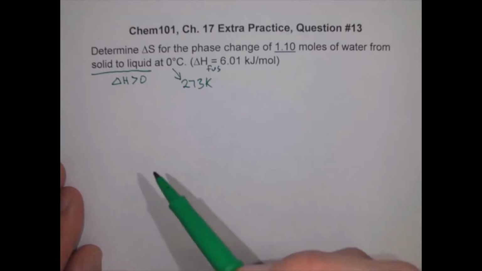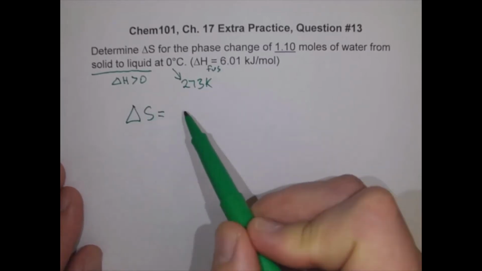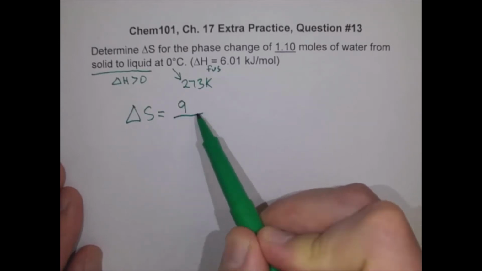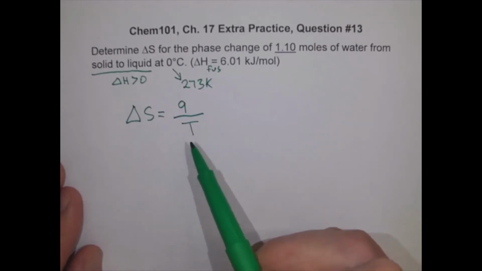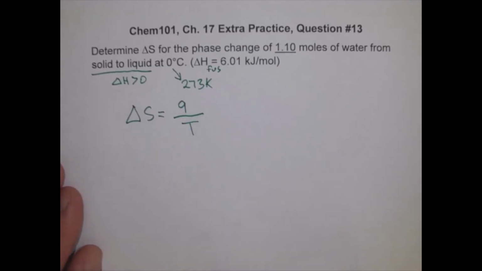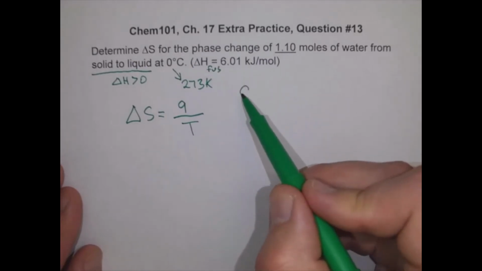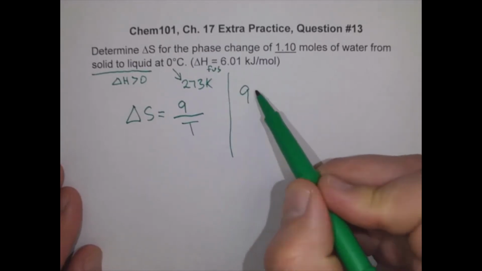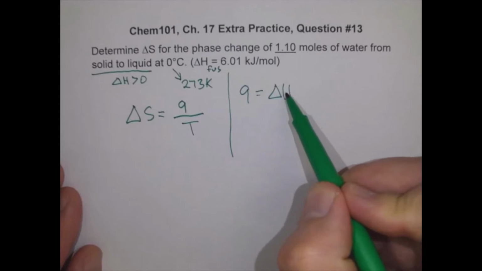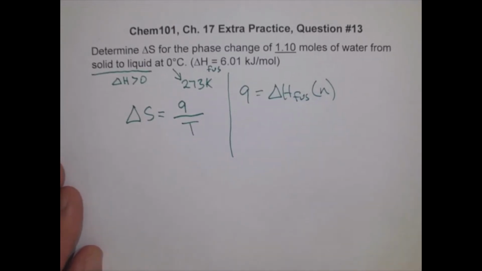All right, so one thing we need to remember is that an entropy change is calculated as the amount of heat that's transferred divided by the temperature. Well, we can remember from Chem 1 that for a phase change, the way in which I can calculate Q is that it's equal to that delta H of fusion times the number of moles, times n.